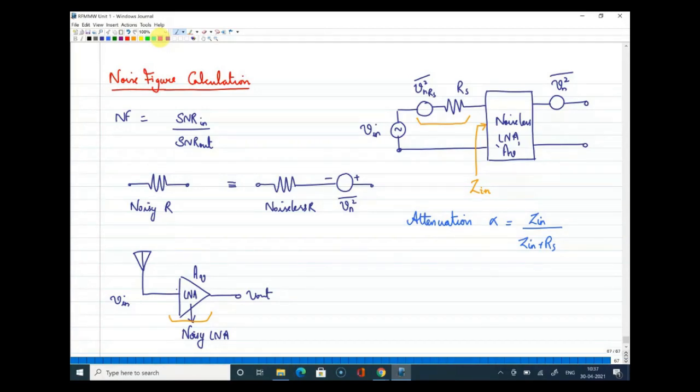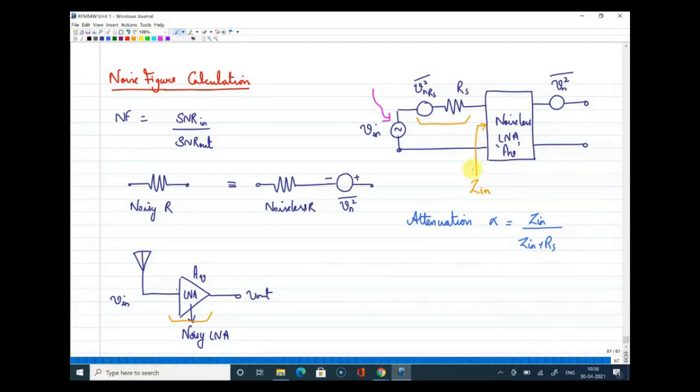So what I was mentioning here is an input signal is available here, V in. Now there is an antenna resistance here which is connected in series. And if you look at the input of this LNA, it will definitely have some input impedance, right? I'm not saying that that is infinity in this case or some other value, but we know for sure that the impedance should be properly matched. But we are not going to the matching part now.